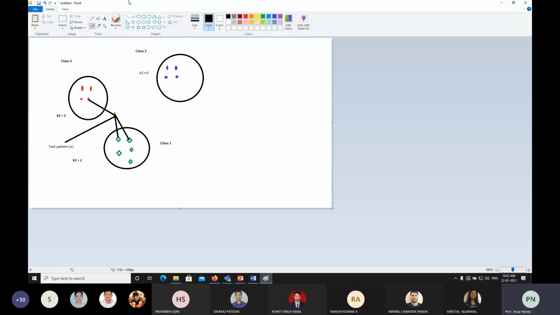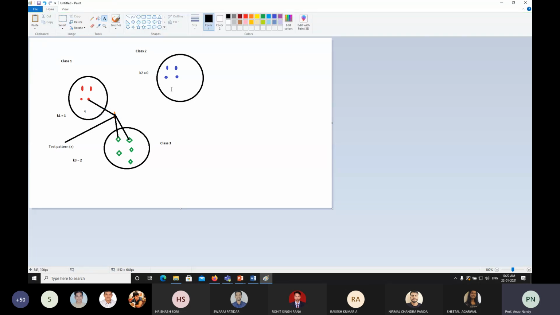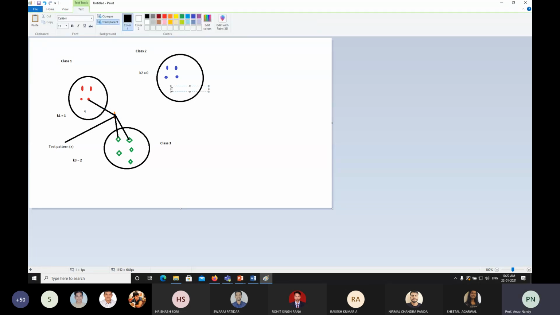So this is the graphical representation of your k nearest neighbor. As you can see, I have 3 classes: class 1, class 2, and class 3. In class 1, I have four data points. In class 2, I have 4 data points, and in class 3, I have 5 data points.